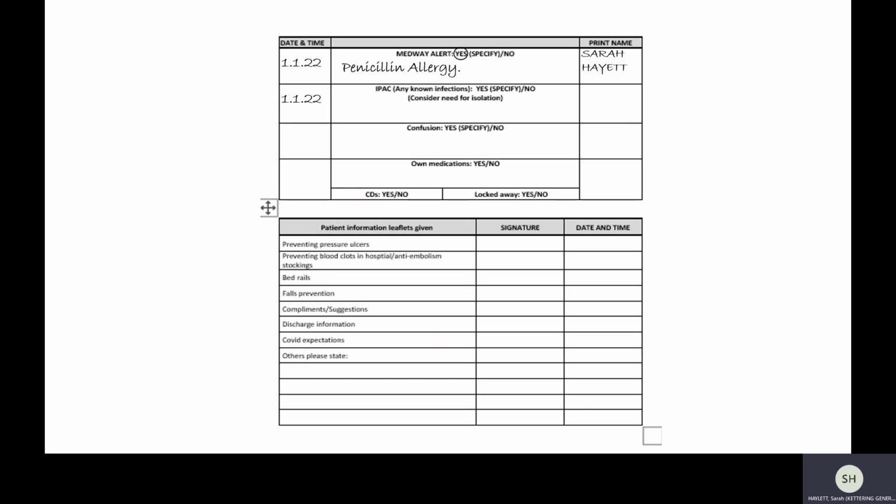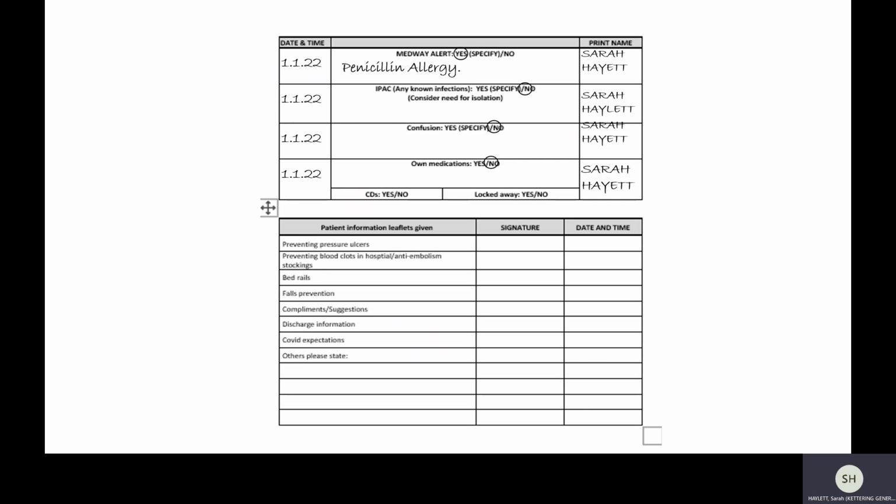Does Jane have any known infections? No. This could include previous C. diff or MRSA. And is the patient confused? No. And she doesn't have any of her own medications.